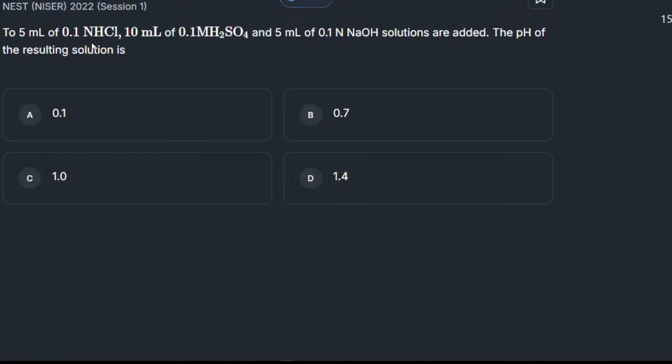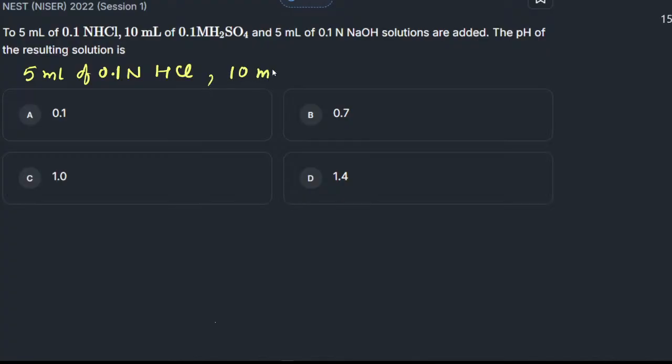I hope it is NH4Cl. 5 ml of 0.1 molar. Oh, sorry, it is not. It is HCl only, right? 5 ml of 0.1 normal HCl.